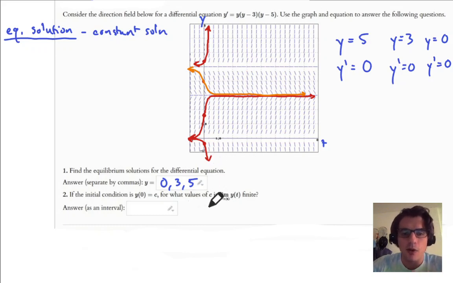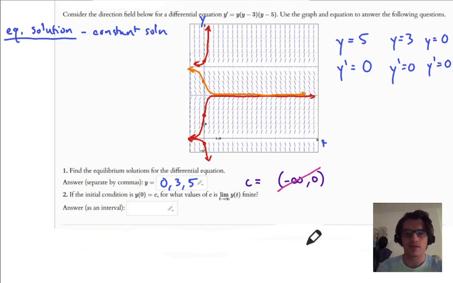So for what value of c is y of t finite as t goes to infinity? It would not be when C is from negative infinity to 0. It would not work.